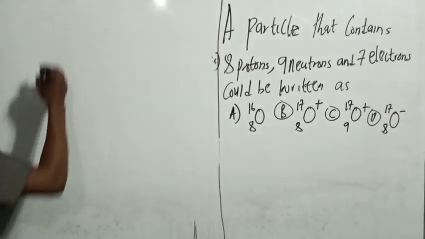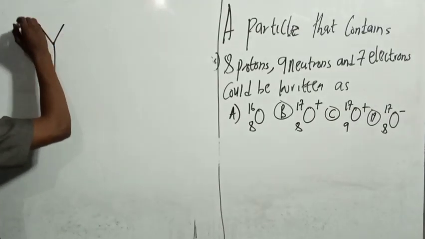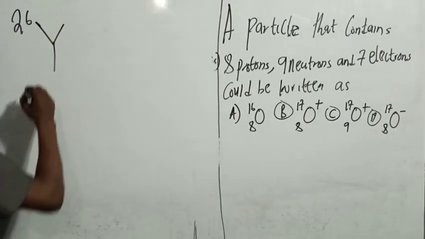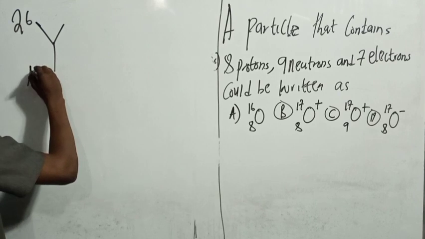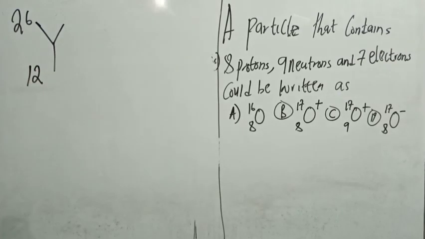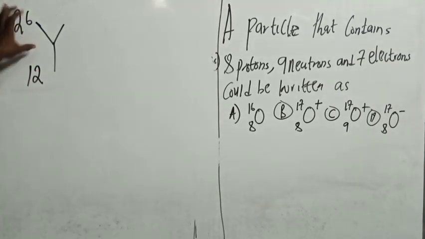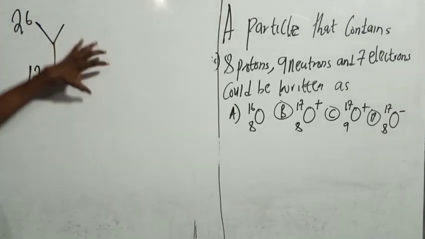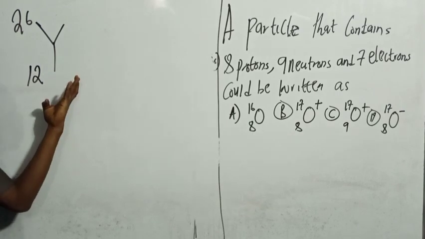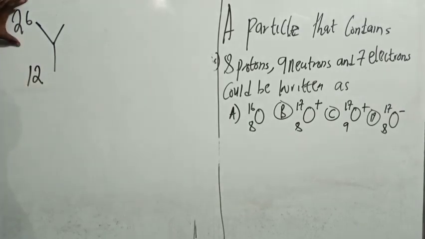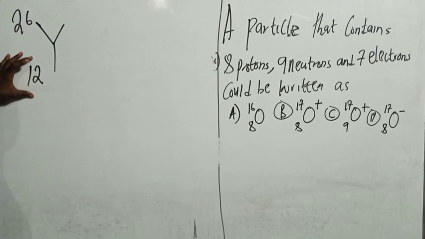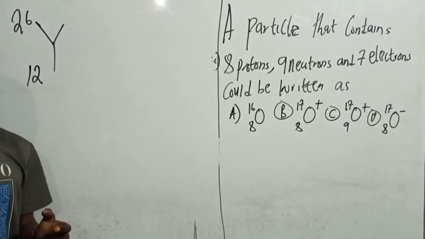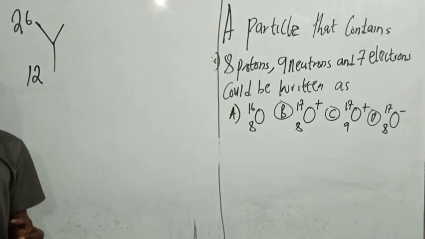So if I have something like this, Y with 26 and 12. If I have this element here with a mass number of 26 and an atomic number, or proton number, of 12, they will ask you what is the mass number, the neutron number, the electron number, and the proton number.